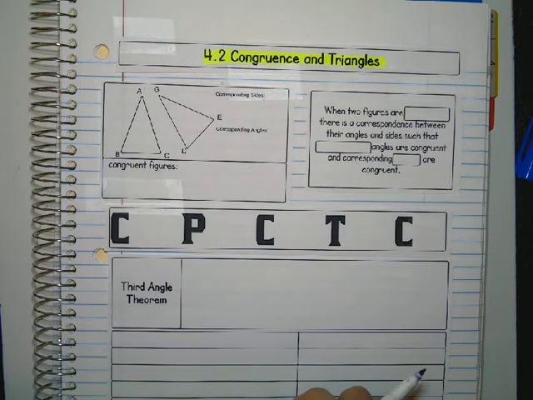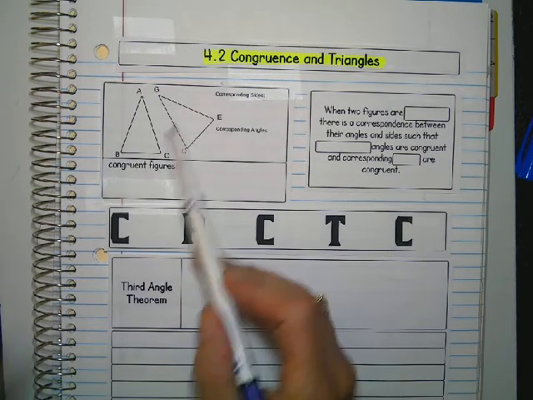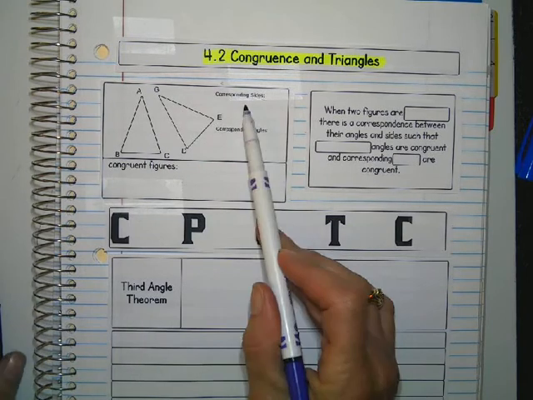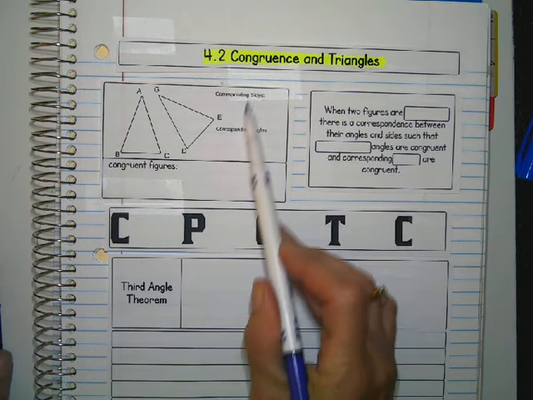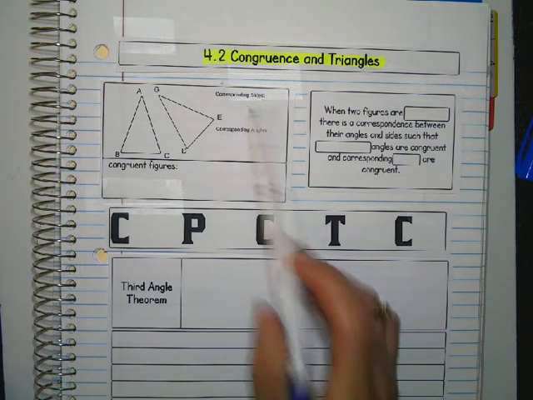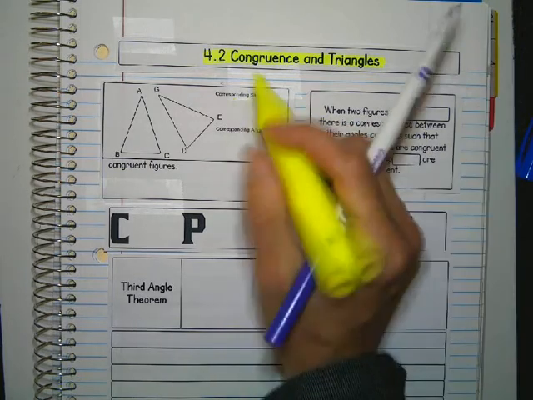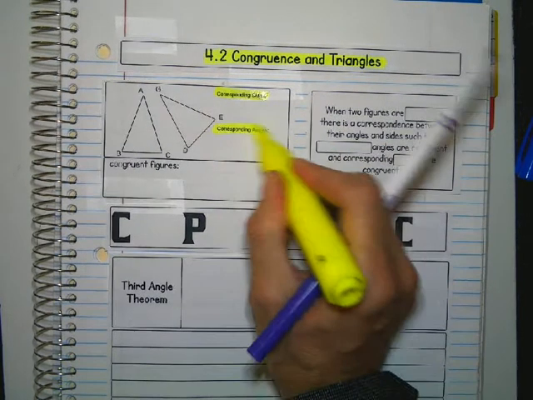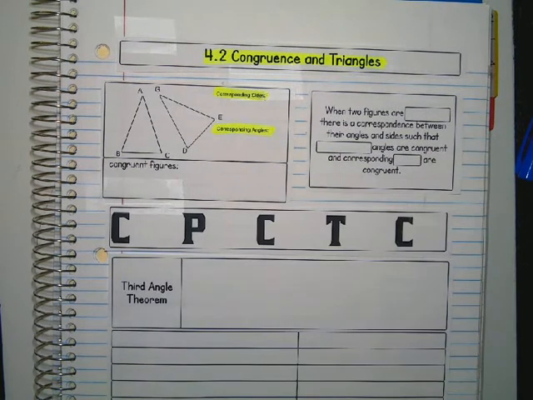And so what we call those pieces is corresponding. We've got three corresponding sides and three corresponding angles. We're going to list all those out right now, which sometimes seems a little painful, but we're going to do that just so that we identify exactly what is congruent about these two triangles.